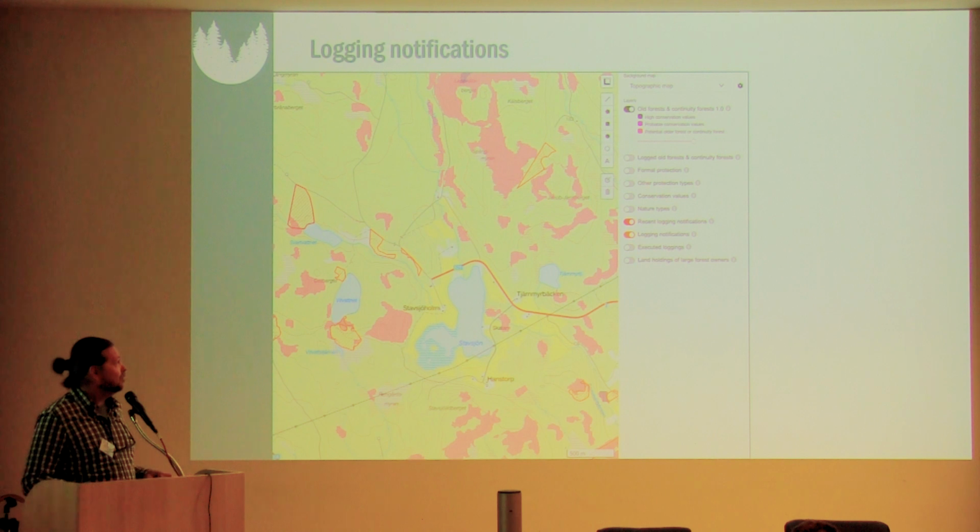I could say also that in Sweden, there are about 65,000 logging notifications every year. And out of these, we as volunteers doing environmental work, looking for species, and actually doing something to survey these before logging, can maybe manage a couple of hundred, maybe 1,000 a year at the most.